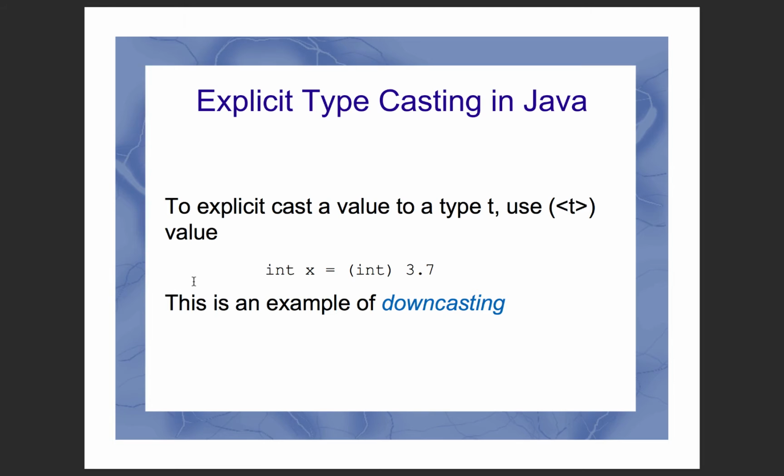Explicit typecasting is basically downcasting. For example, if you want to convert float information into integers, that means you are doing downcasting. We know that float has a higher size than integers. So here you can see that we wrote some code: int x assigned by, in parentheses, int, then 3.7.